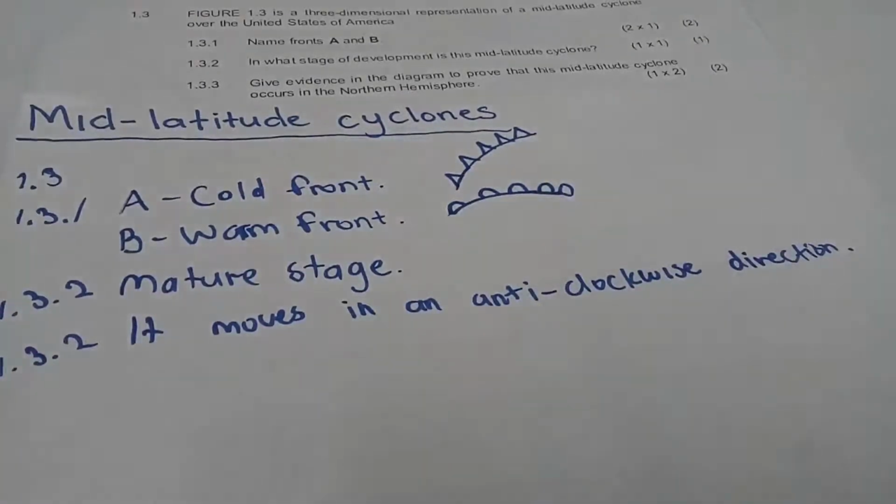That's 1.2. So in the northern hemisphere, mid-latitude cyclones move in an anti-clockwise direction, and in the southern hemisphere, mid-latitude cyclones move in a clockwise direction. Yes, that's it.